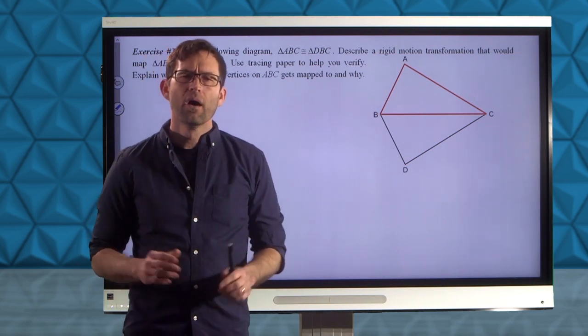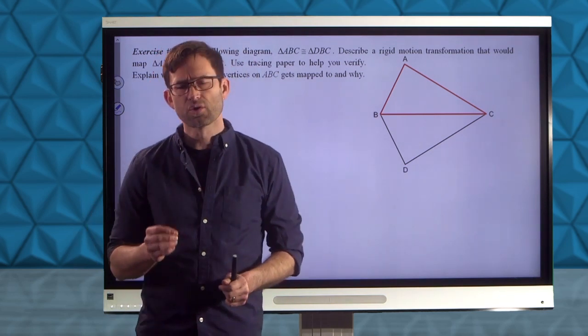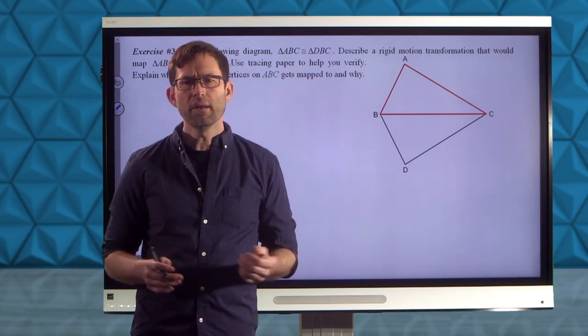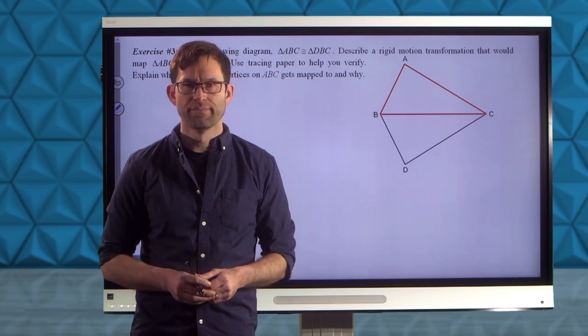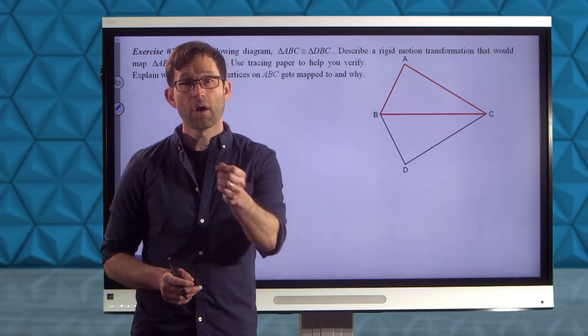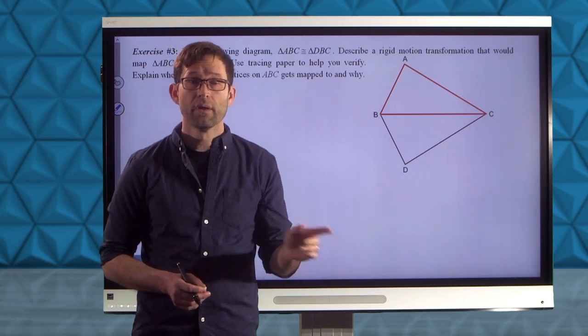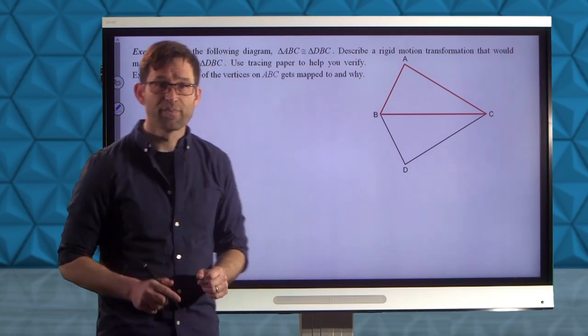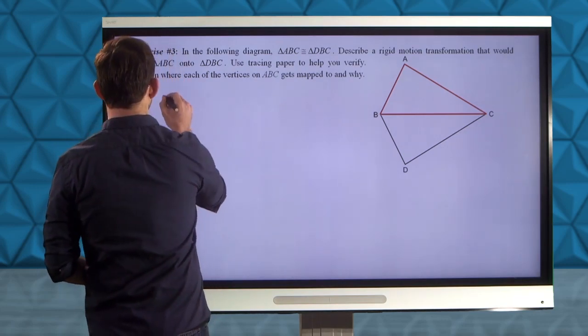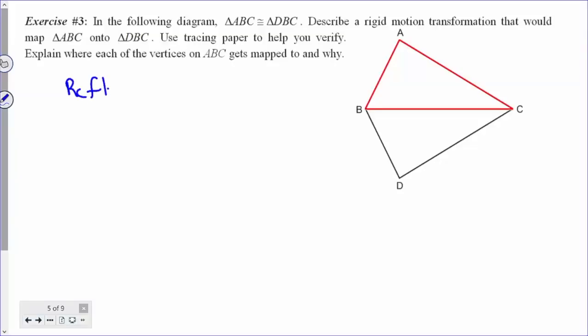Are you ready? Okay, so when I say describe it in as much detail as possible, what I mean is you don't want to just say it's a rotation. You want to say something like it's a rotation around this point by this angle. Now in this problem, it's not a rotation, it's a reflection. So specifically, we're going to reflect triangle ABC in or across segment BC.